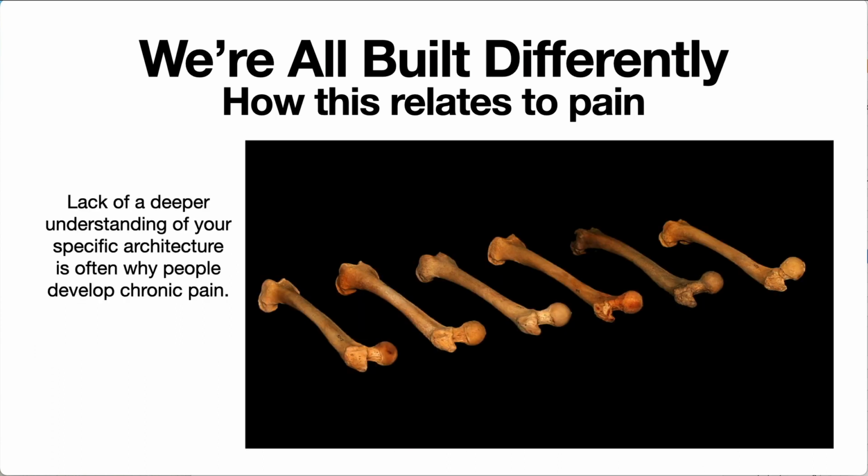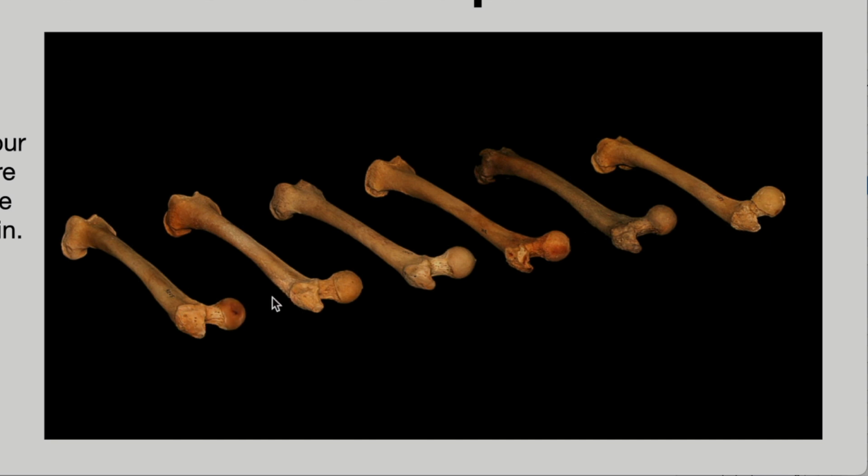Here's an image of 6 different thigh bones, and you can see that from this end to this end, they change. You can notice that the head of the thigh bone is pointing more up at this end than at this end. And you can see this is the knee part, and this is the part that goes into the hip socket, so that all of the knee parts are resting on the same parts of the knee.